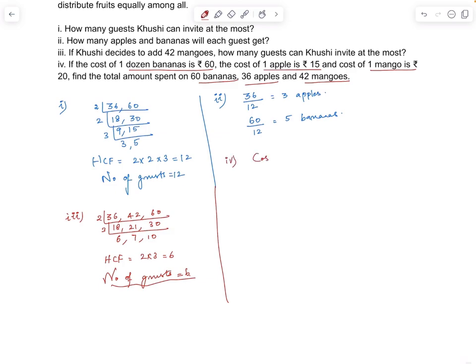Cost of 12 bananas is 60. So cost of 1 banana is 60 upon 12, that is rupees 5.